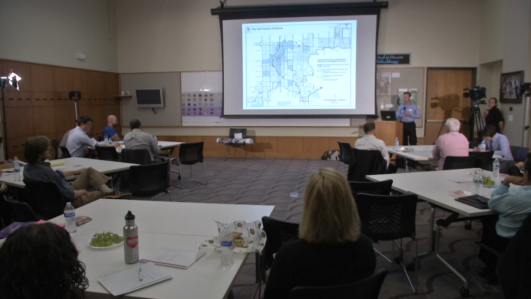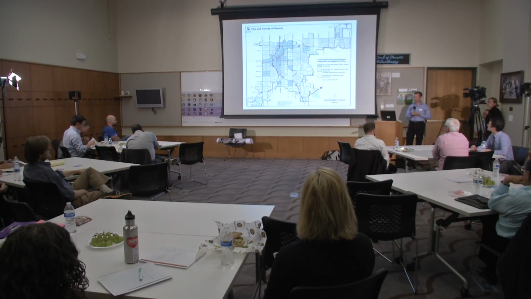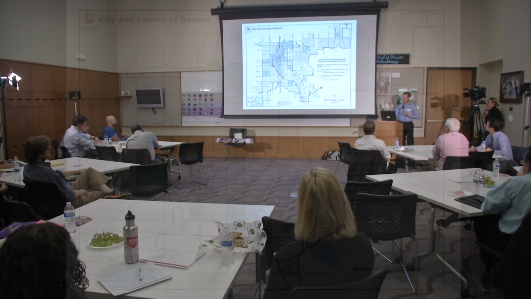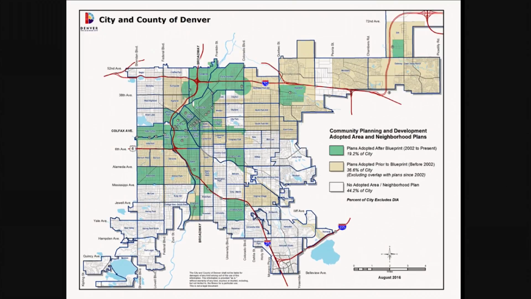Comp plan applies everywhere, Blueprint applies everywhere, but you might have a small area plan and you might have some other types of plans. Not everywhere has a small area plan though. The green area on this map is only 19.2% of the land area of the city, and that's places in the city that have a small area plan.